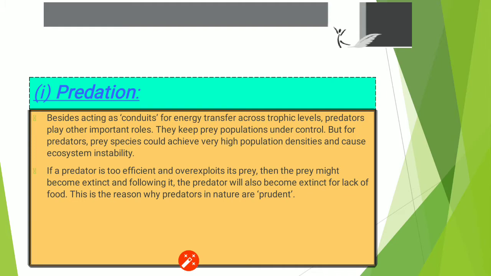If a predator is too efficient and overexploits its prey, then the prey might become extinct, and following it, the predator will also become extinct for lack of food. This is the reason why predators in nature are prudent.